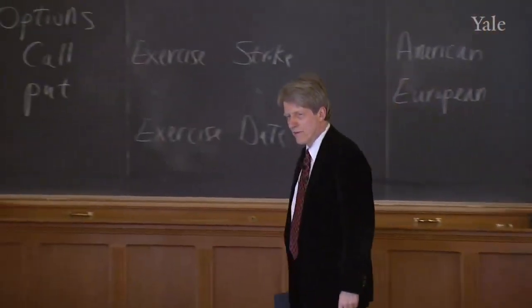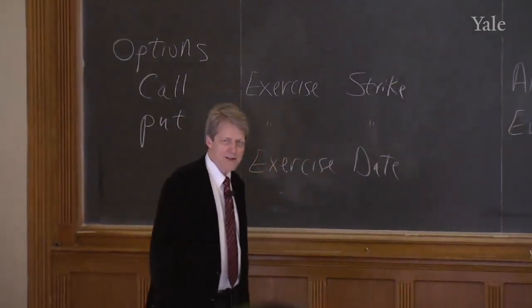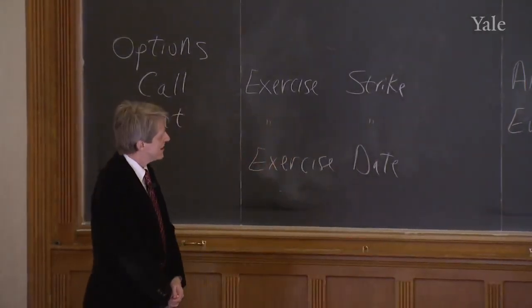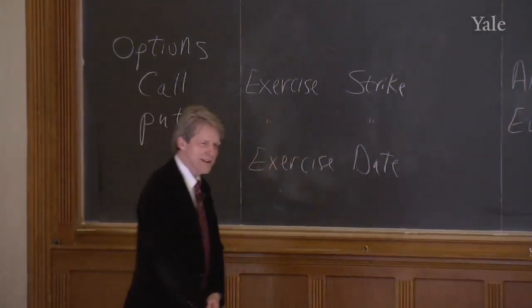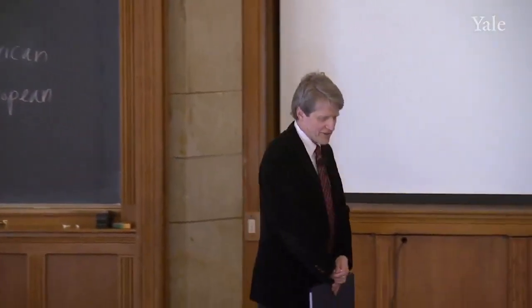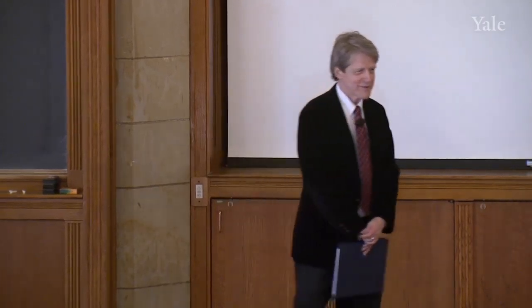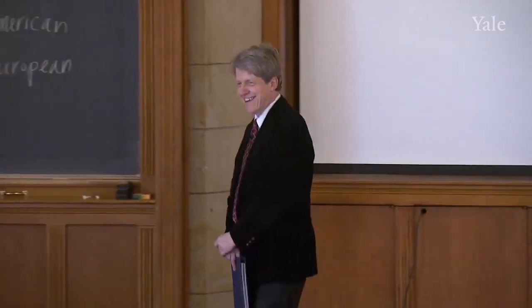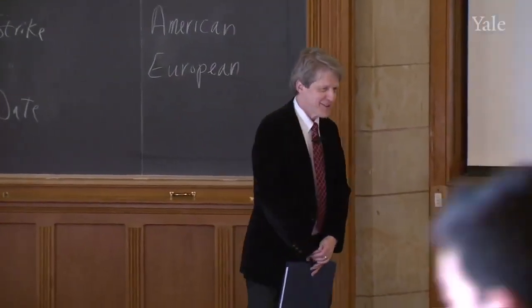I think we've defined what they are. Do you understand well enough what they are? They occur naturally in life. I remember Avinash Dixit was writing about options, and he said, well, when you're dating someone and you know the person will marry you, you have an option which you can exercise at any time by agreeing to marry.